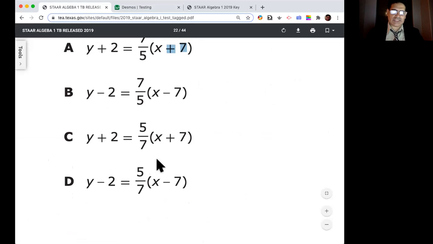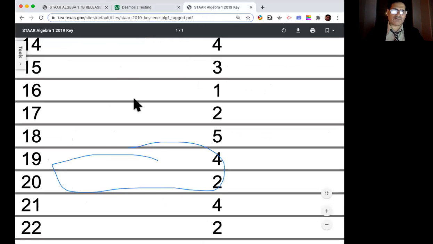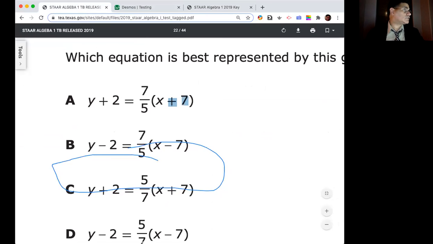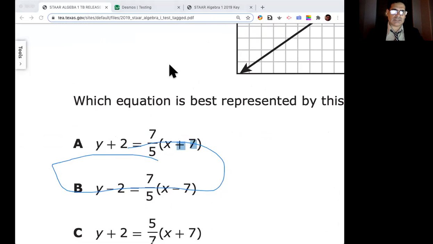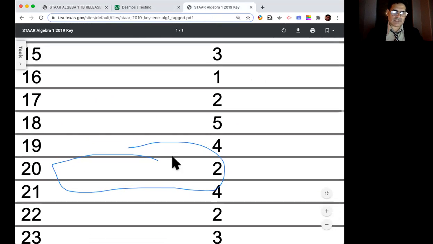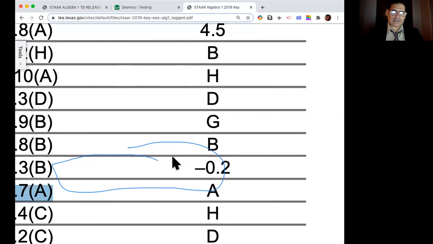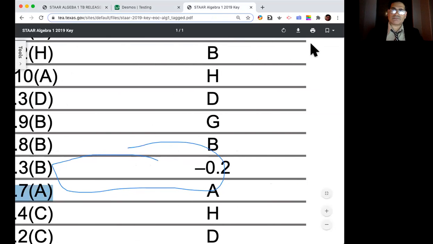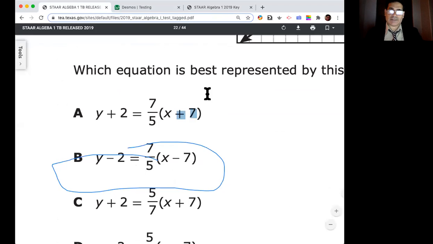That was D. Our answer sheet for 23 is D.